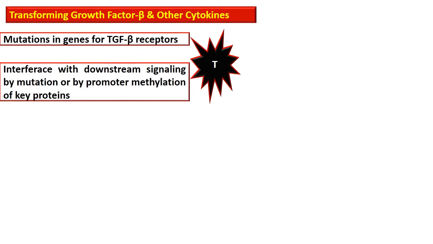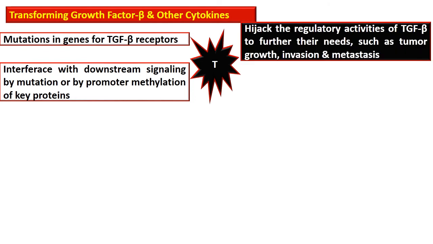The tumor cells do so by mutation in the genes of transforming growth factor beta receptors and through interference with the downstream signaling by mutation or by promoter methylation of key proteins.